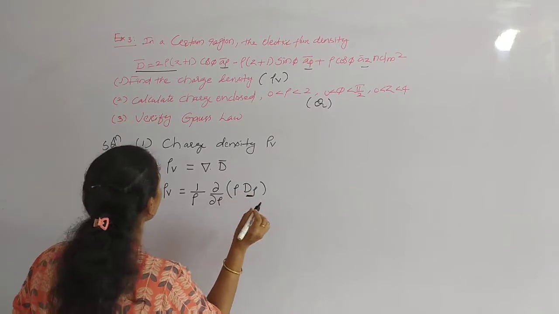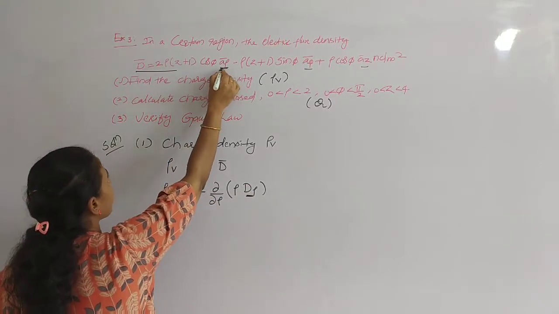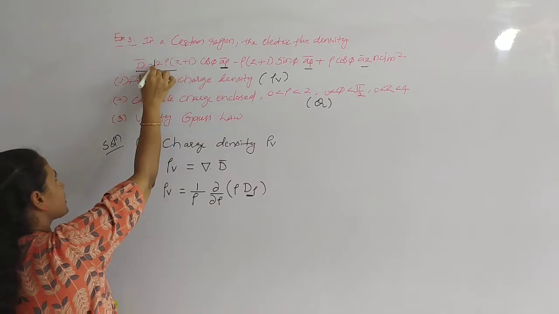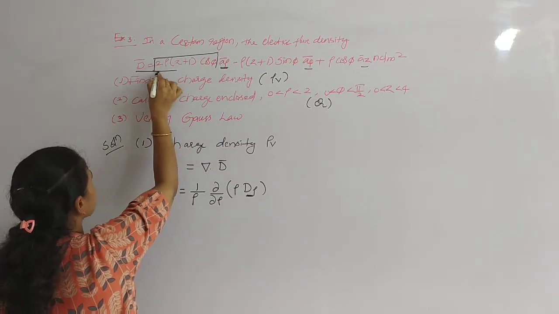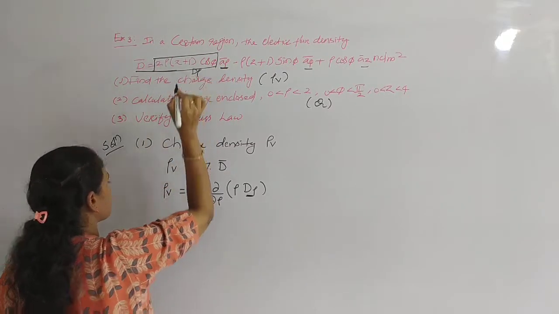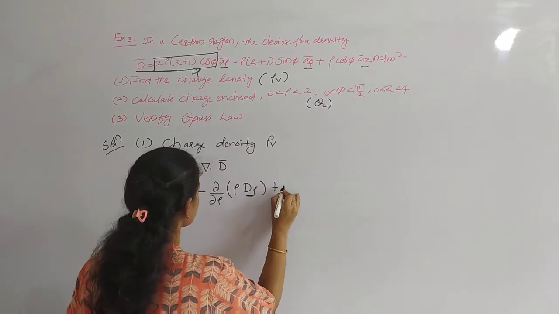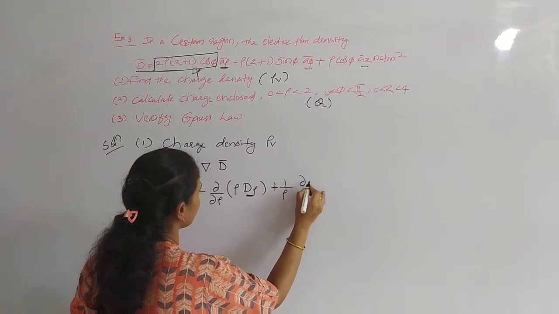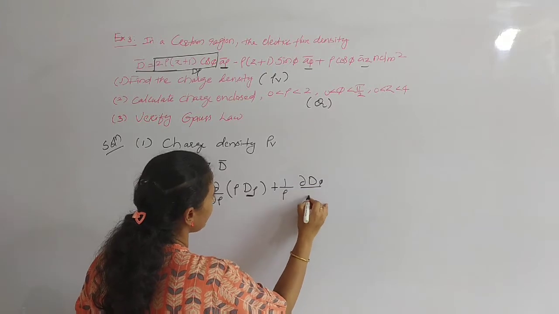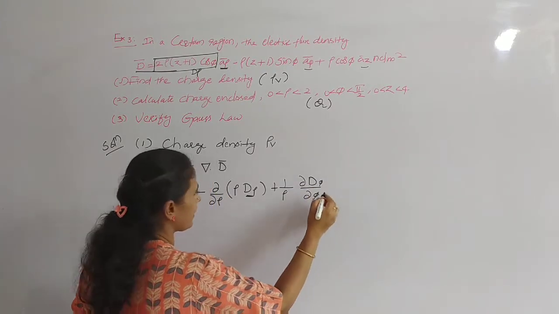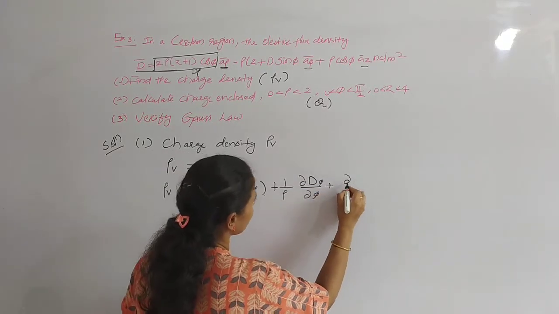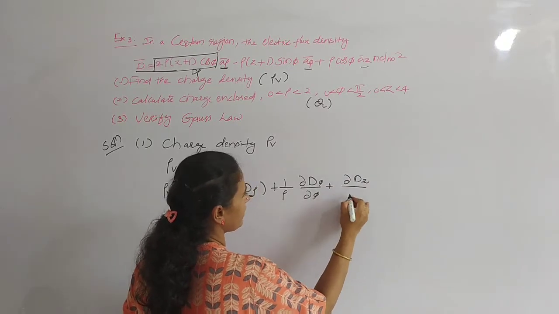What this D rho is? In this one, it is the term given with A rho. Plus 1 by rho of dou D phi by dou phi, plus dou Dz by dou z.